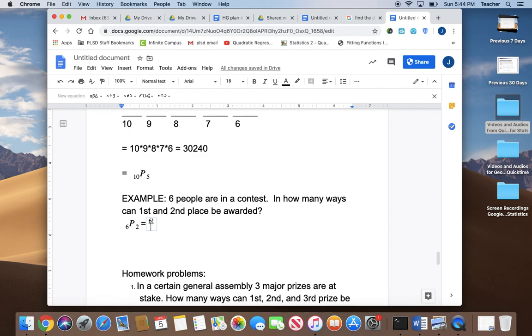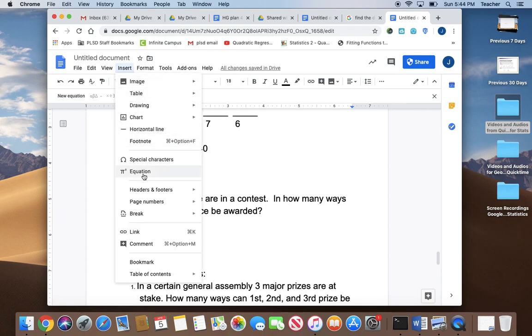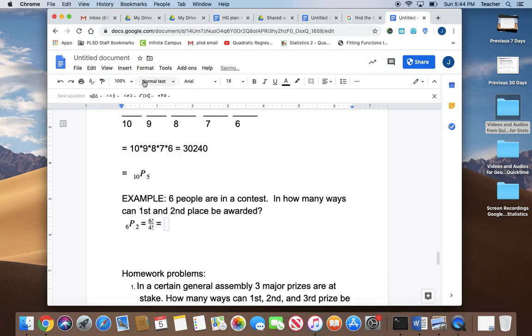So 6 minus 2 would be 4 factorial. So that would be the same as 6 times 5 times 4 factorial over 4 factorial. The 4 factorials would cancel, and that would give me 30.